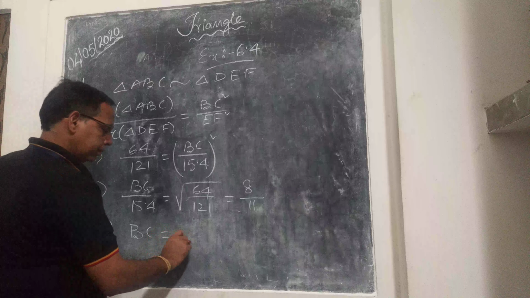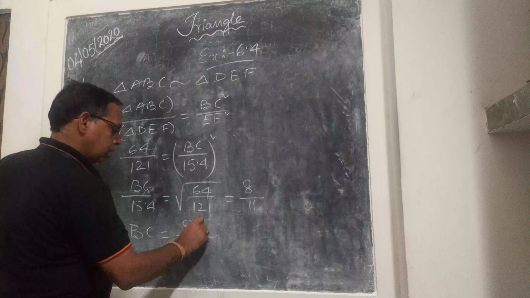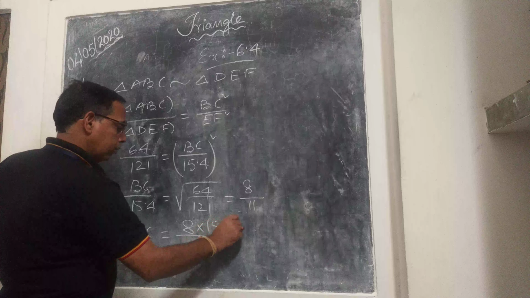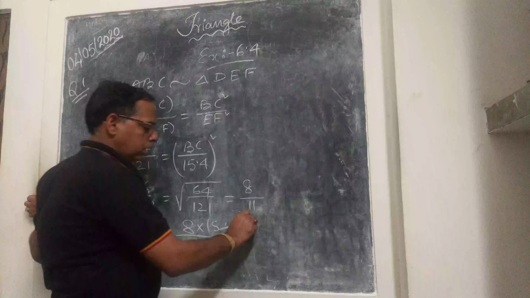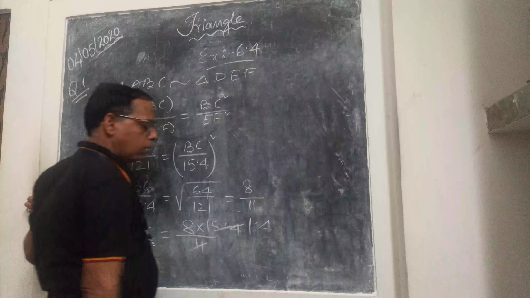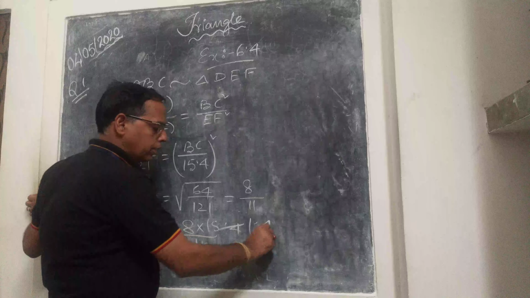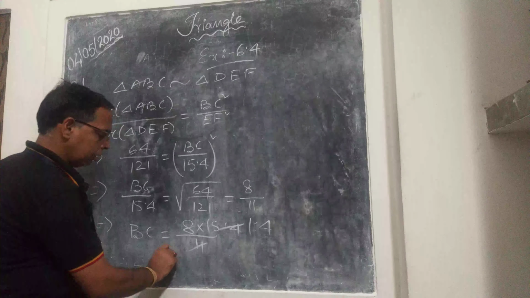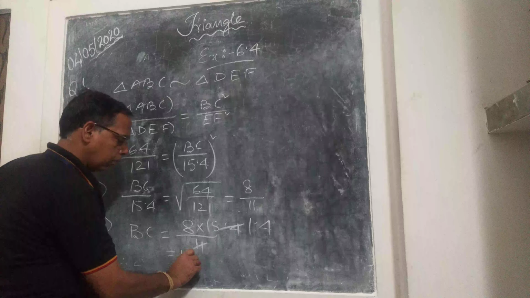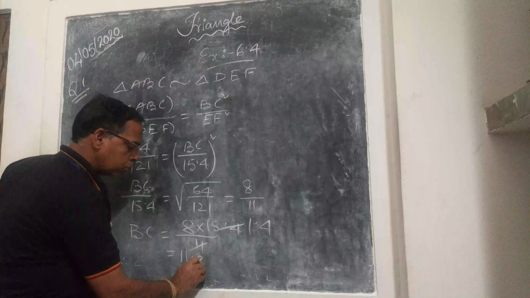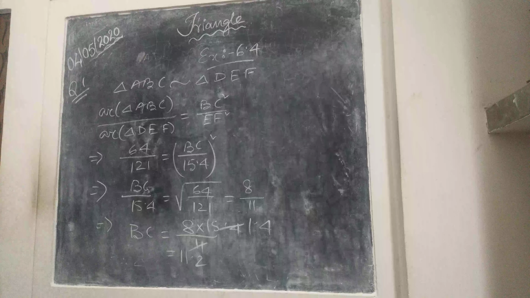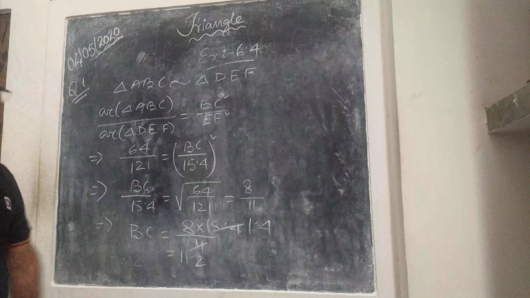Then 8 into 15.4 by 11. 15.4 by 11 is 1.4. 1.4 into 8 equals 11.2, because 14 eights are 112, so one decimal place.